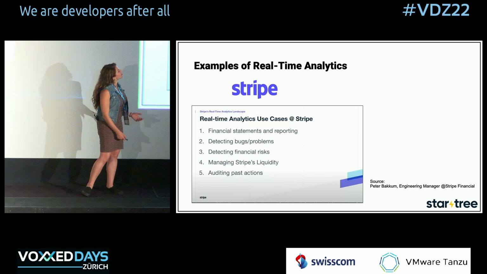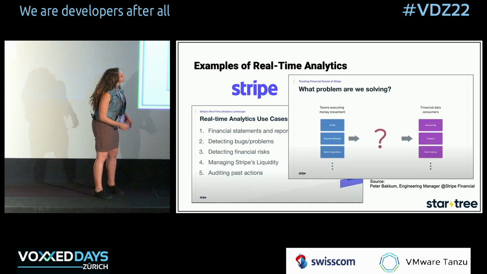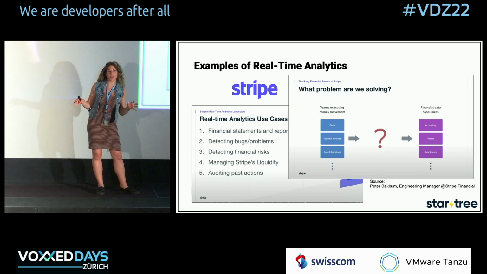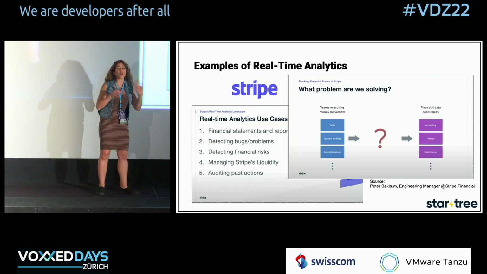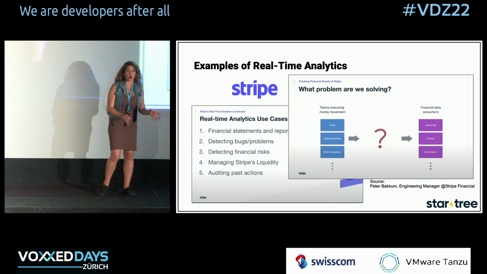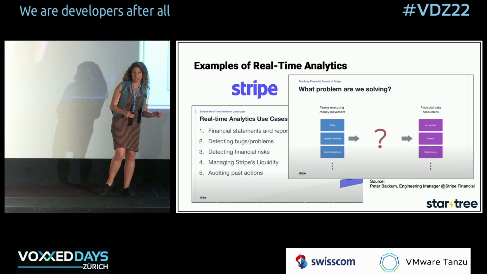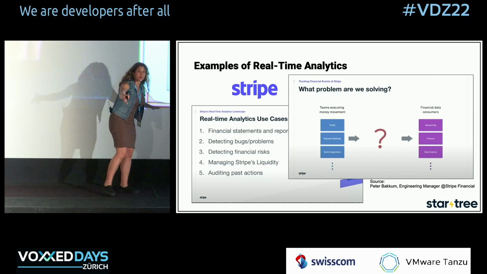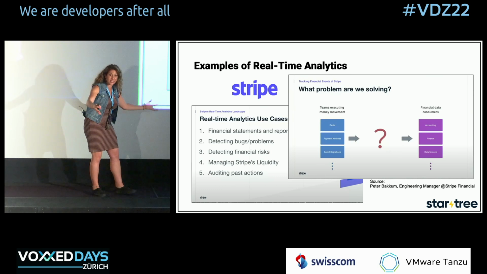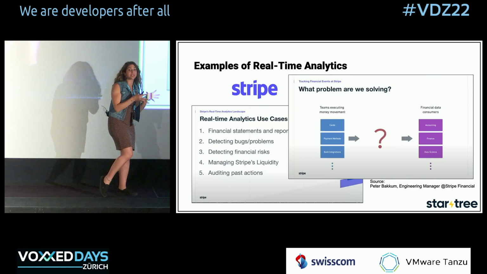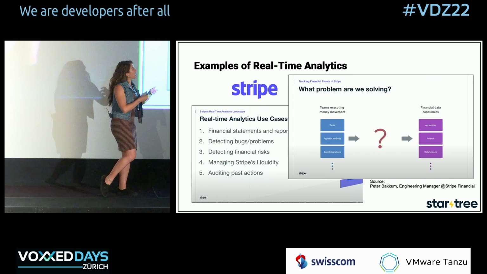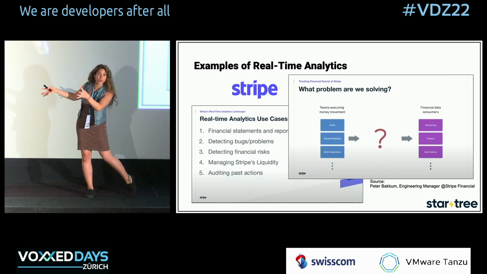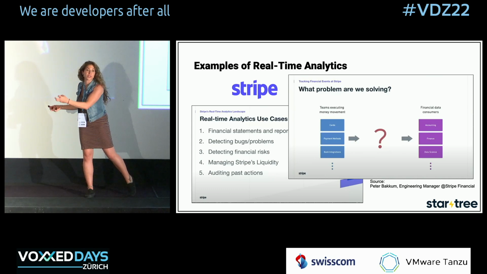Okay, so the Stripe use case is really cool. What they've addressed is they have dozens of engineering teams at Stripe, all working on different problems, with the majority of them focused on real-time data. They have to take all this real-time data from all these different engineering teams, bring it into one consolidated view, and then share it amongst all their internal users that need to access that real-time data.